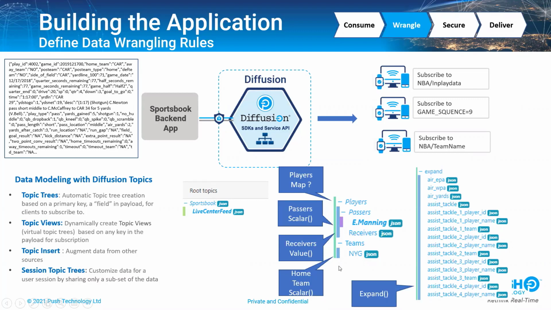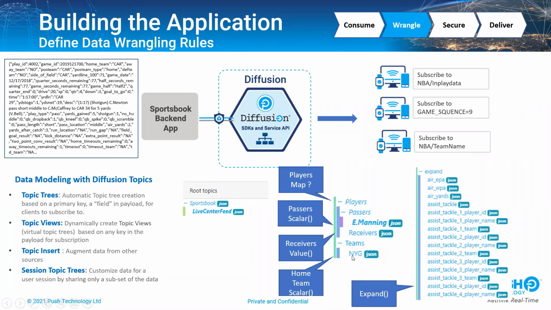Now when the data first comes in, and likewise here with teams, New York Giants, I spent some time in New Jersey. I was a New York Giants fan, and so I only want to get data specifically about the New York Giants. I configure a rule that automatically creates topics and topic trees for all of the teams. I don't have to specify them individually.